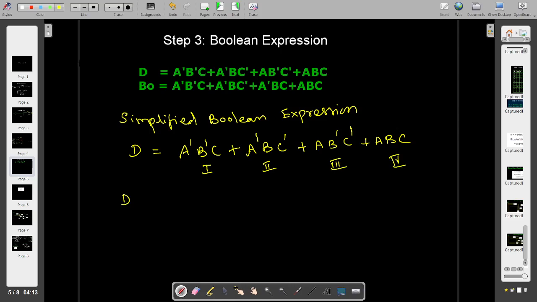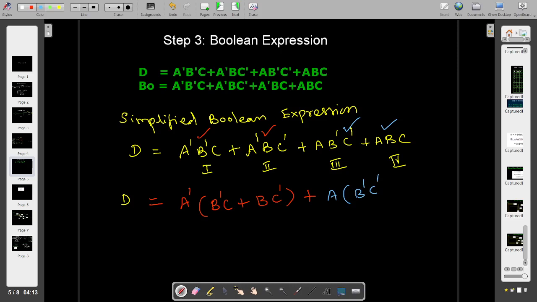So to simplify, you can check with this first term and the second term. In this, A dash is common, so it is taken outside. Inside we have B dash C plus BC dash. When you consider this third and the fourth term, there the A is common, so I take it outside.